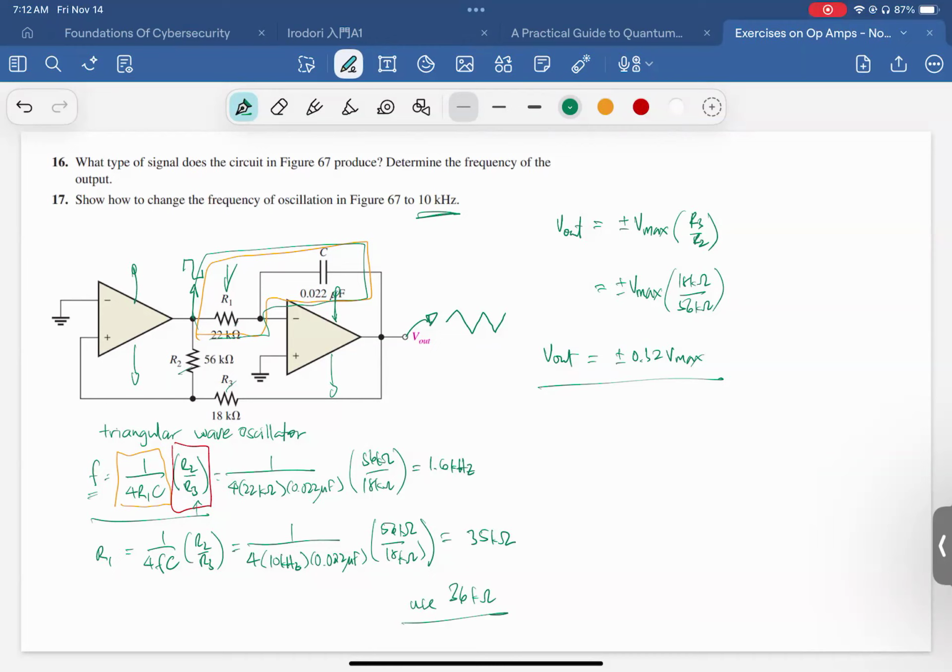No, kakasabi ko lang, yung Vmax, magdedepend sa kung ano yung source voltage. So kung yung source nyo is plus 12 volts, then minus 12 volts, so yun yung ilalagay na Vmax dyan. Okay, good.